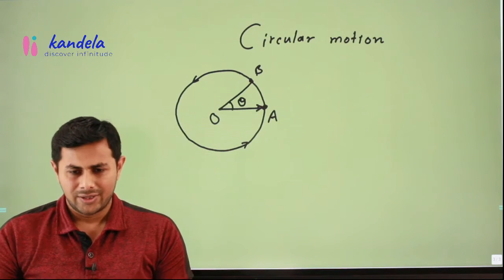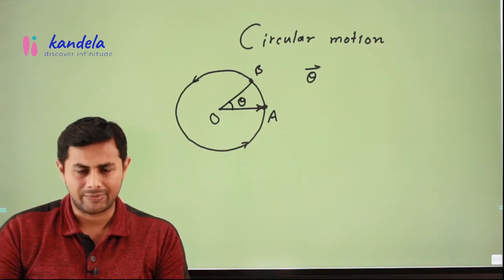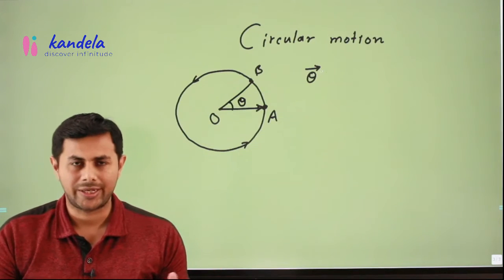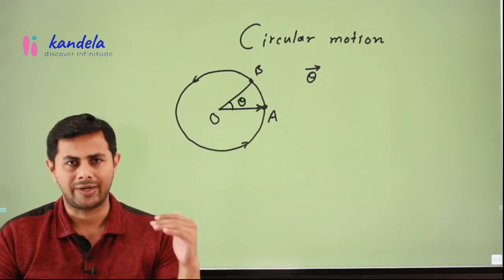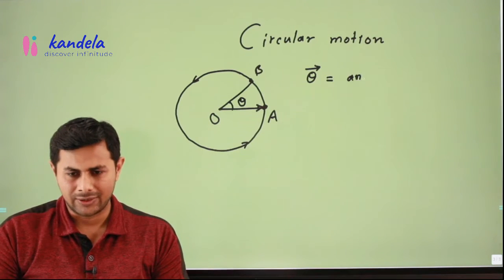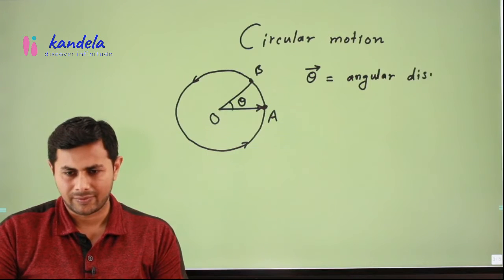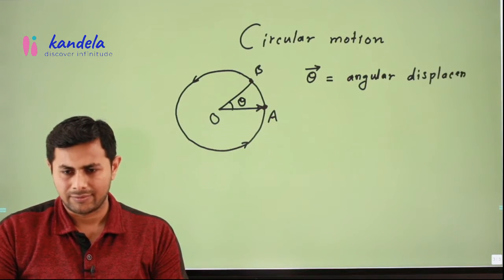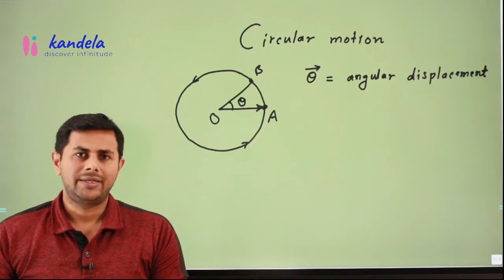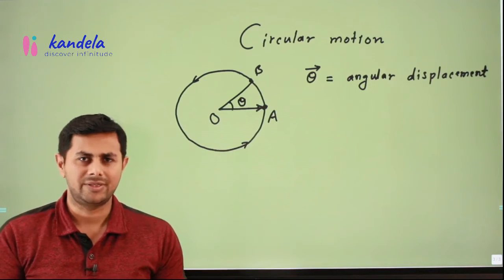Okay, so what is angular displacement? I will call it theta bar. Just to show that it's a vector, I am putting a bar on top of it. So theta bar is angular displacement and it is the angle through which our radius vector moves in some time t.